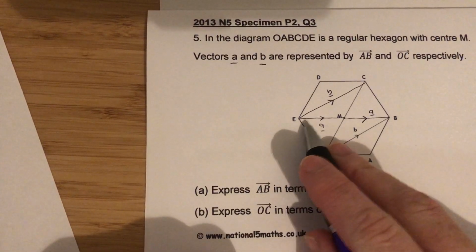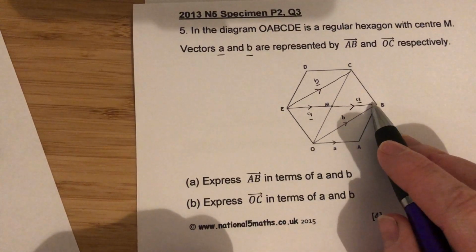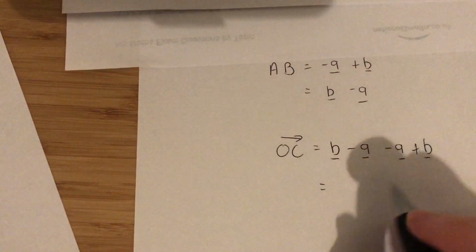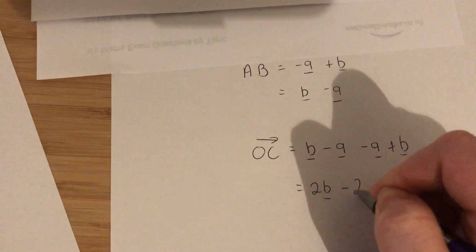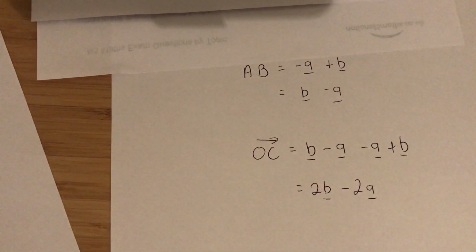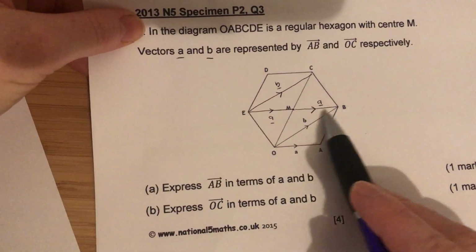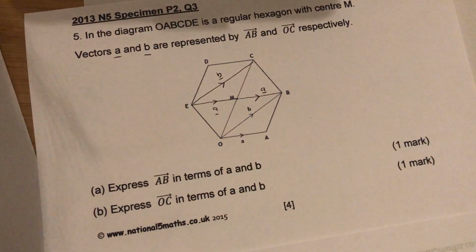Minus A plus another B, we're going to get from O up to C. B minus A plus B, which works out as 2B minus 2A. And that's your journey from O to C. And actually you can have a little look at some vector pathways questions now.